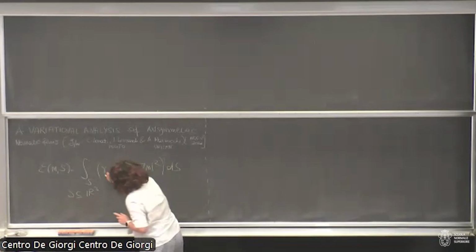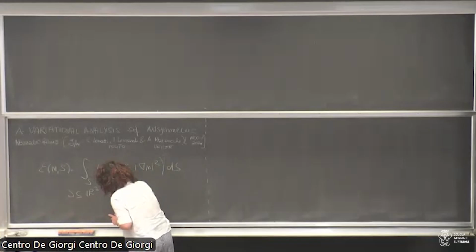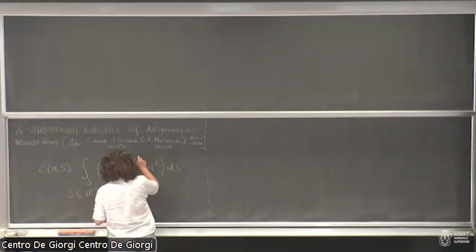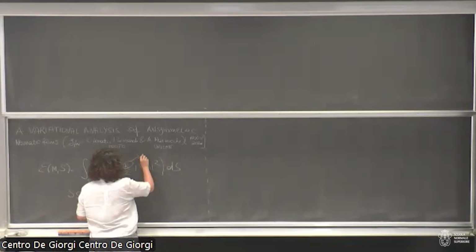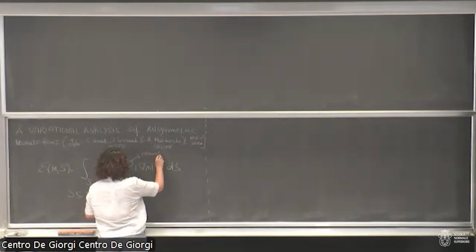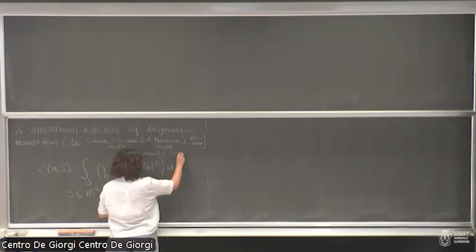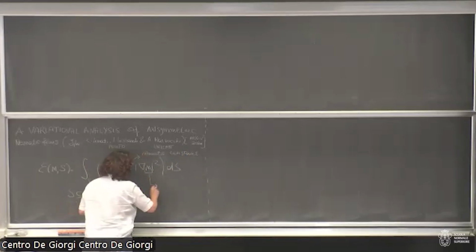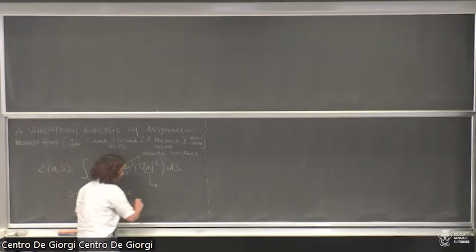Here gamma is the surface tension, so it is a constant. Kappa is what we call the nematic constant, and n is the nematic vector.